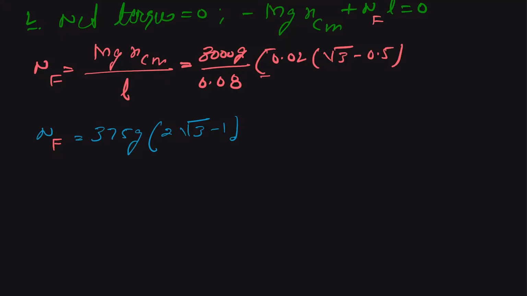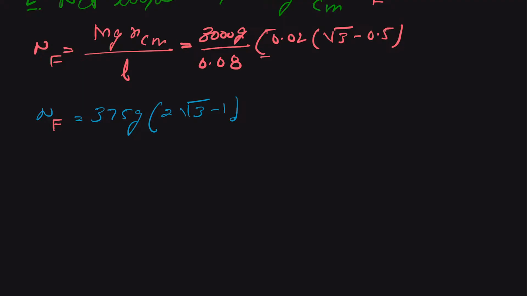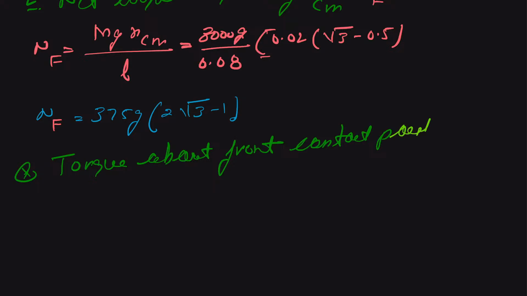Let us calculate the torque about the front contact point. The front contact point is at 0.04 square root of 3 and 0.04.